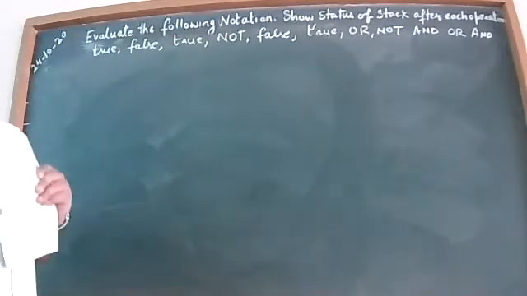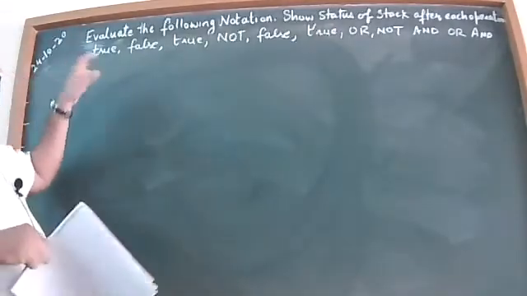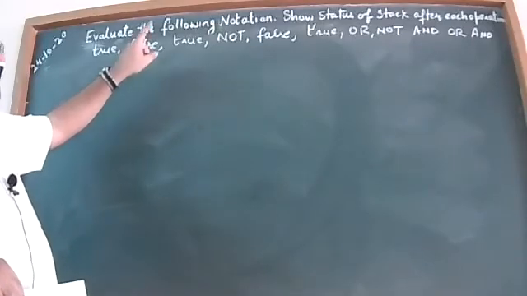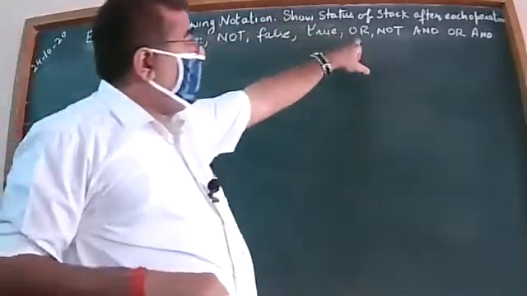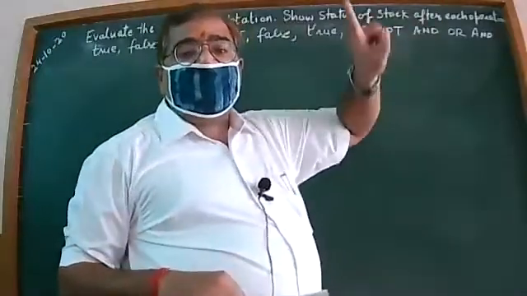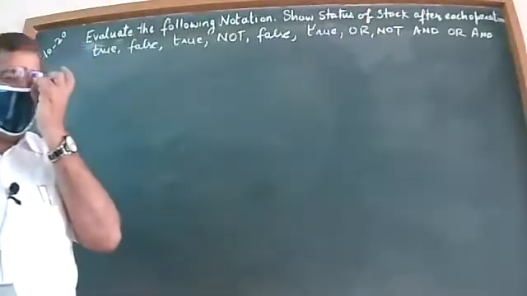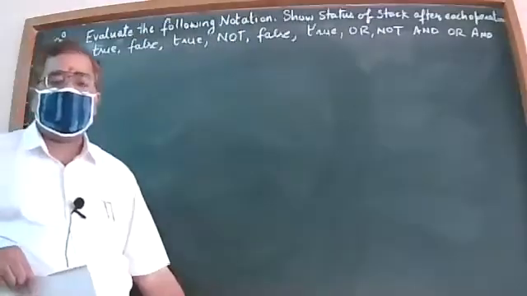Now, in this particular question, true and false act as operands. Not, or, and. These three are the logical operators.